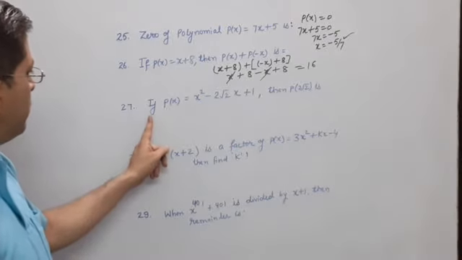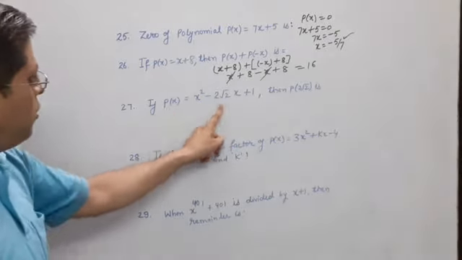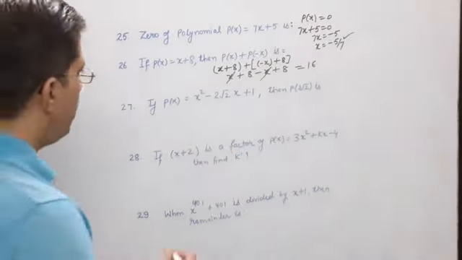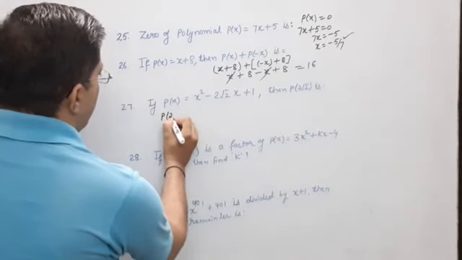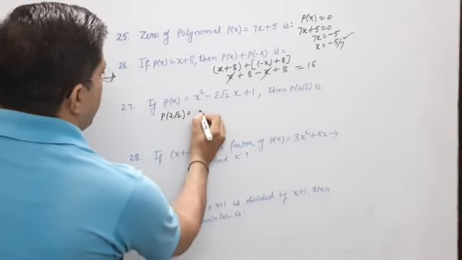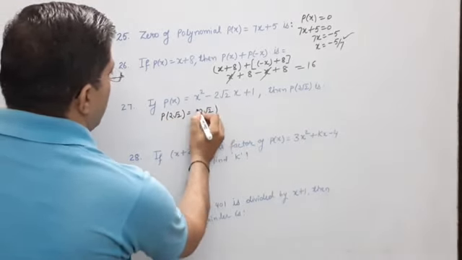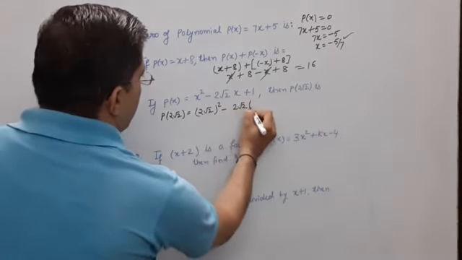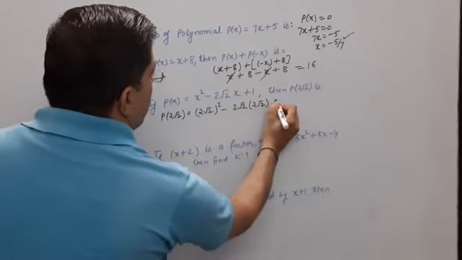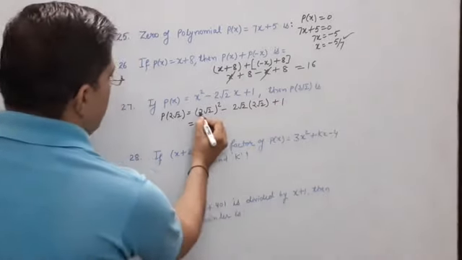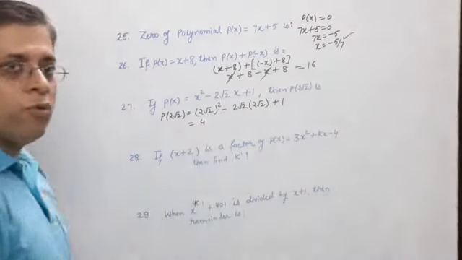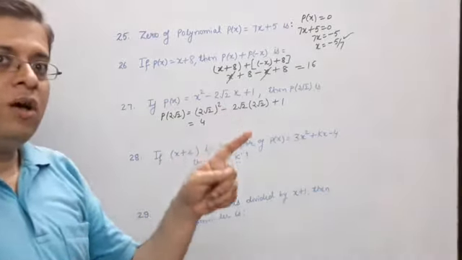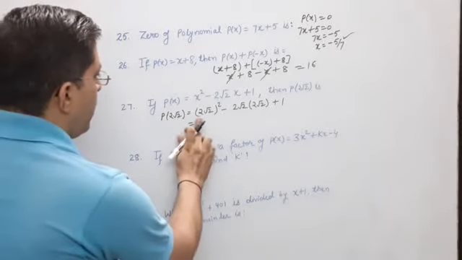Now come to the next. If p(x) is equal to this, you have to find p of 2 root 2. Okay, p of 2 root 2. That is 2 root 2 square. What is 2 root 2? 2 square is 4, and root 2 square is 2. 4 2s are 8.